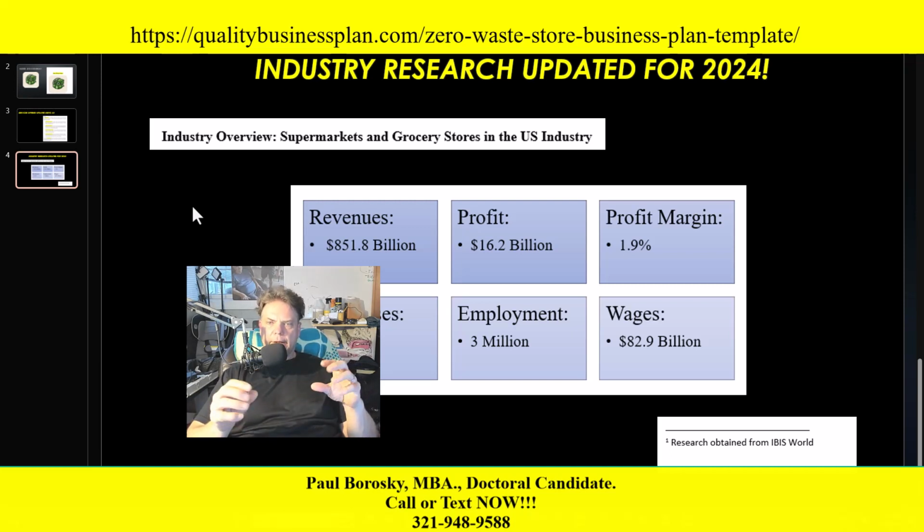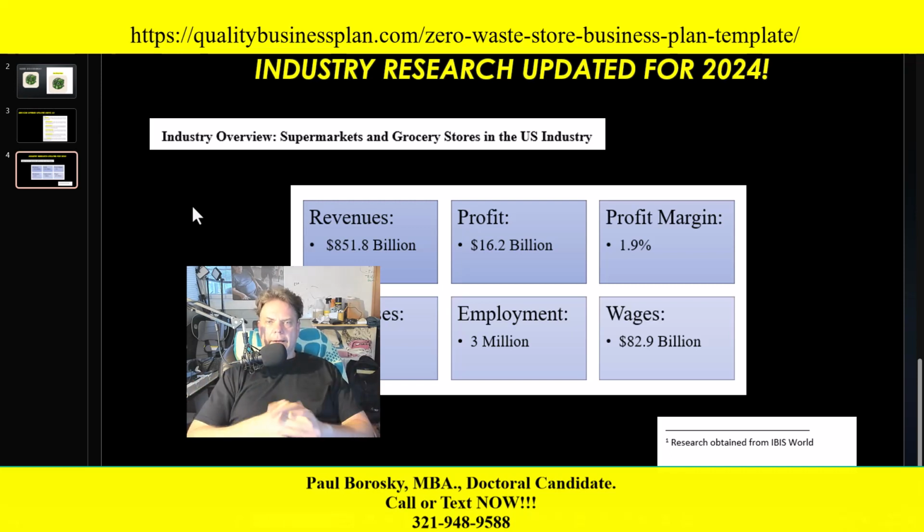The zero waste store is a subsection of the supermarket store. It's more of a niche, but it's still under that umbrella. Since zero waste stores are such a small segment of the industry, there's no subset information available, so we have to go with the broader umbrella, which is the supermarket and grocery stores.